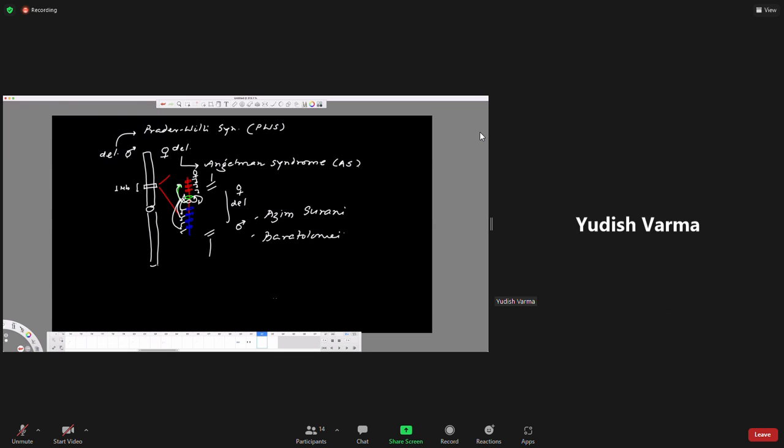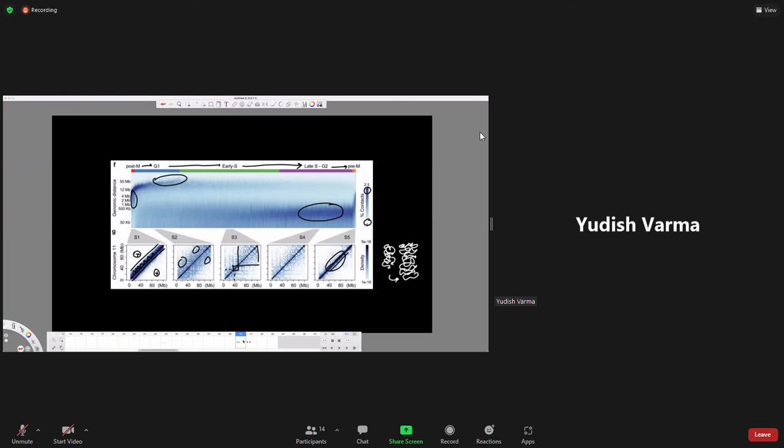You can go to that slide where you said at M phase you have a lot of thickness at short range contacts, and when you go through the cell cycle, you form long range contacts. The diagonal basically expands. So can we expect these changes to be observed in differentiated cells also?